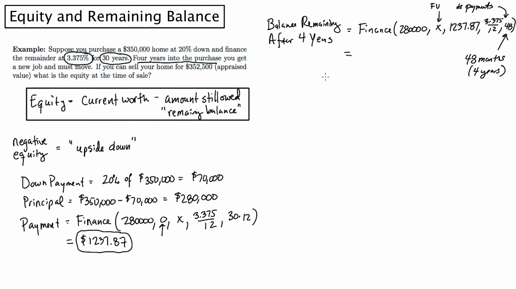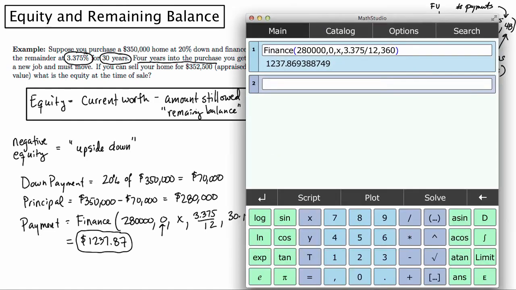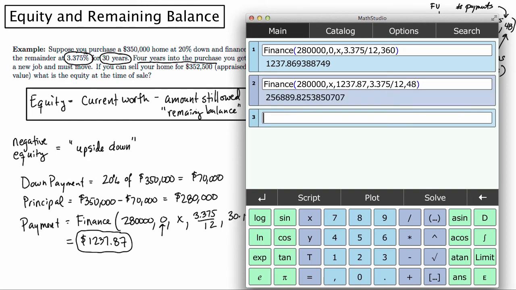And so if we calculate this, once again in the finance command, then we'll get the following. So 280,000, unknown future value with a payment size of 1237.87 with an interest per month given by that for 48 months.